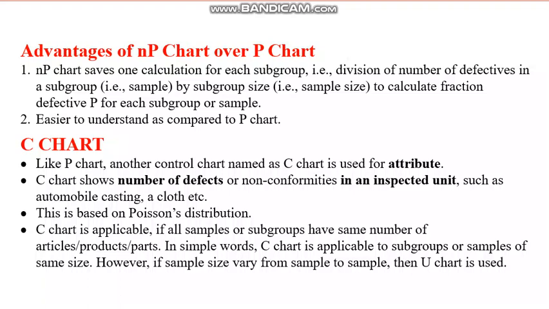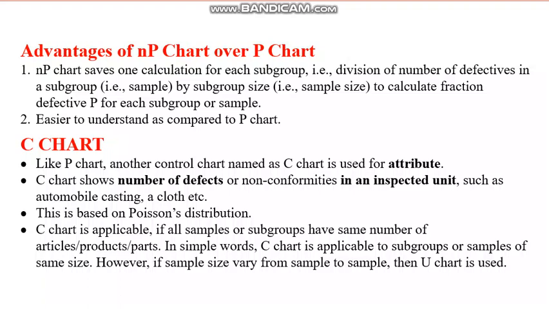So in such cases, you use C chart. And this is based on Poisson's distribution. You need not worry what is Poisson's distribution and all. Just remember that it is Poisson's distribution.